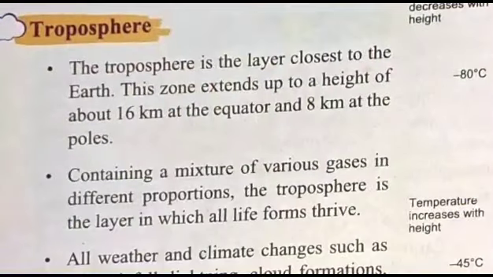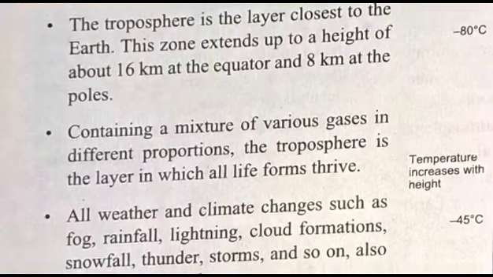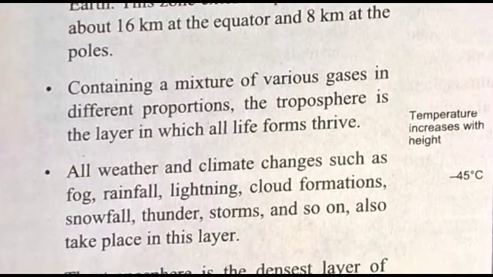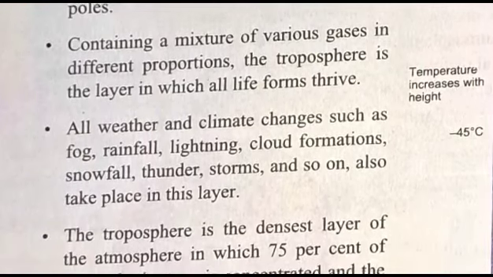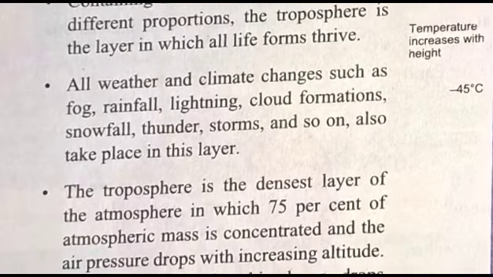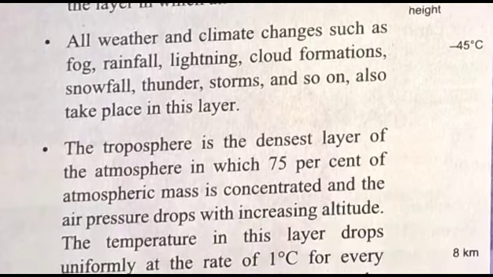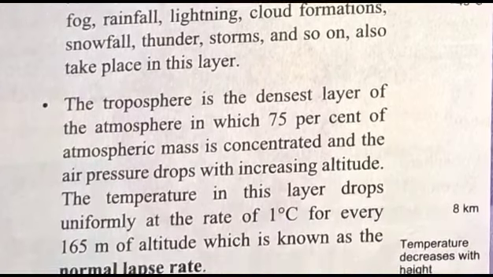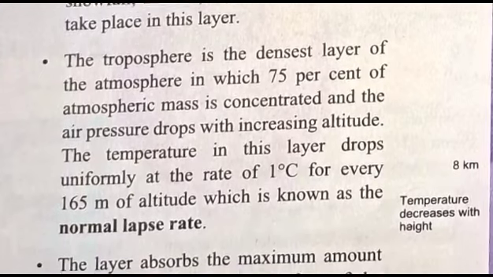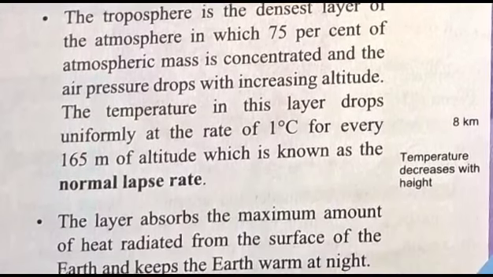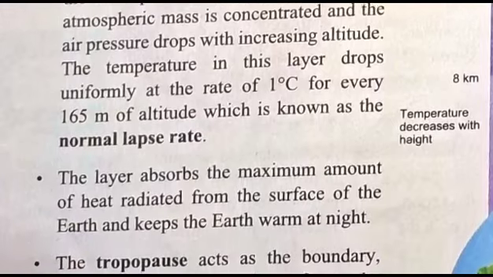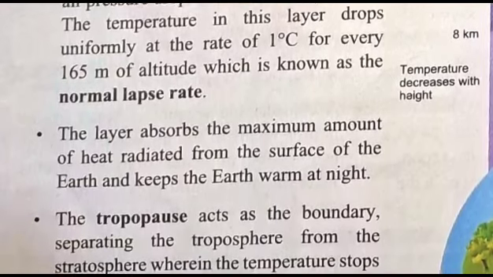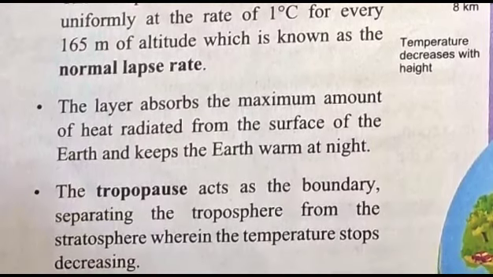First is troposphere. The troposphere begins at the surface and extends between 9 km at the poles and 17 km at the equator. Thus, it is generally said to have an average thickness of 13 km. The air we breathe is present only in this layer.